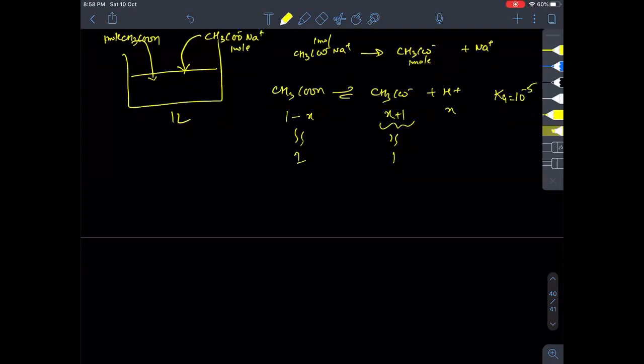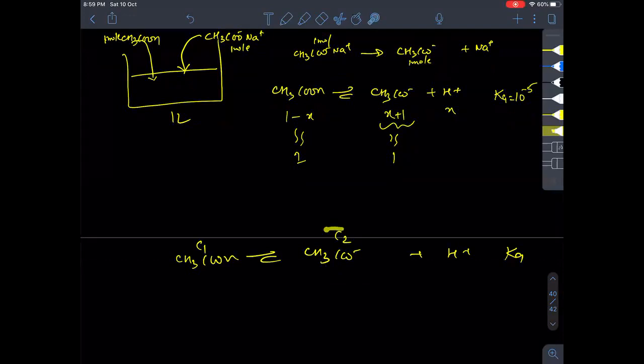So instead of writing like this, I prefer writing in this way: let us just write one equation, CH3COOH, CH3COO minus and H plus, and Ka. And let us write C1 concentration and C2, of course, after adding.